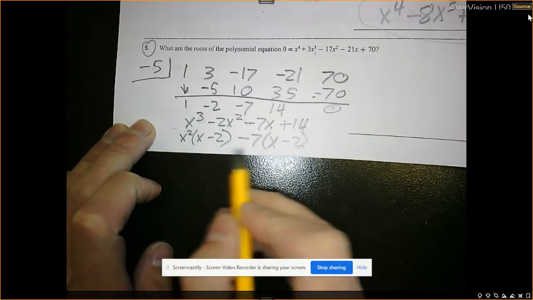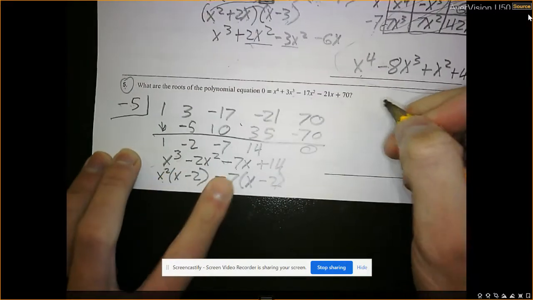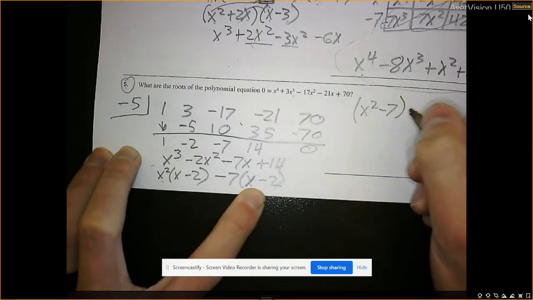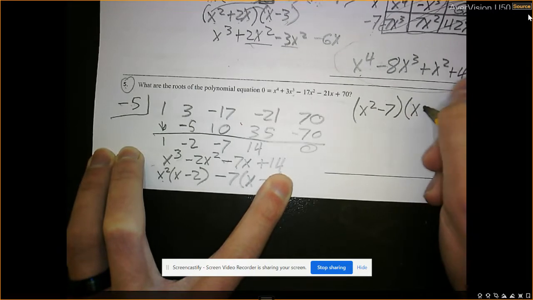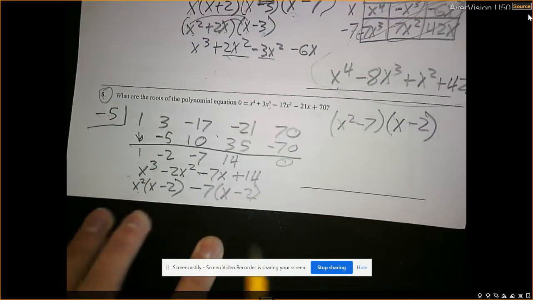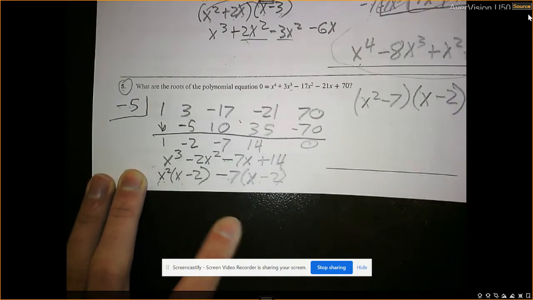So do we see the factoring by grouping here? I get x squared minus 7 times x minus 2. That's what you should get, right? x squared goes with the -7, and then you get your pair of x minus 2.